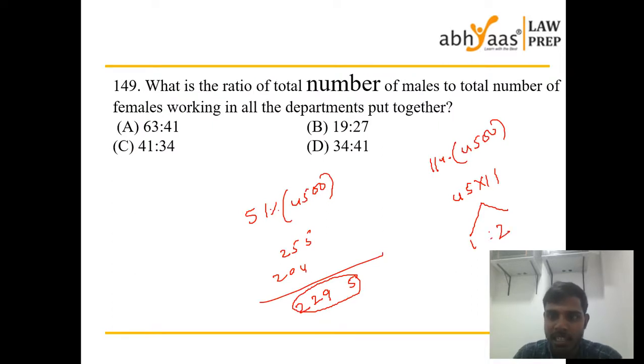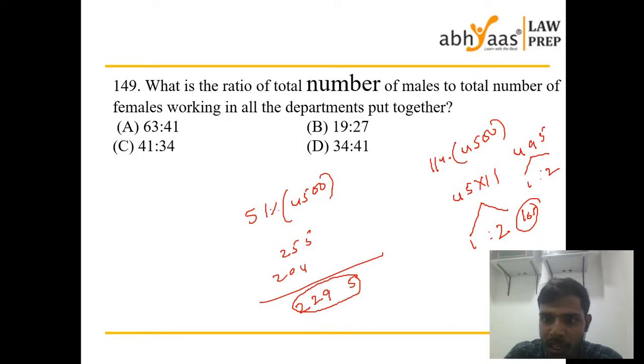45 elevens are 495. 495 you can divide in the ratio of 1:2. So simply, 165 will be your males, the remaining will be your females. I'm not worrying about the females because if I subtract the number of males from the total, I'll get the females.